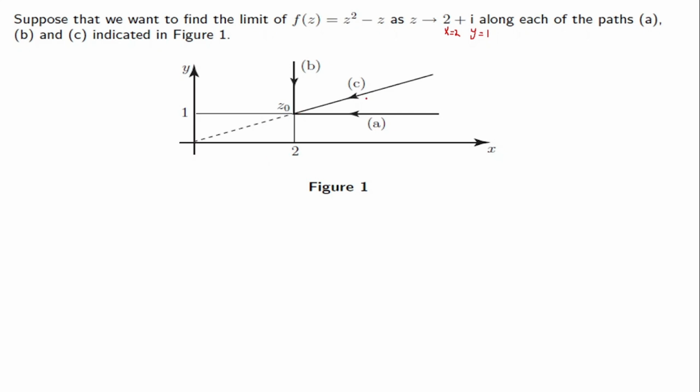Look at this point here. This is x, this is y. So this point here is 2 plus i. Is that clear? So this line is moving like this based on a particular parameter which we don't know. We can call that parameter k.